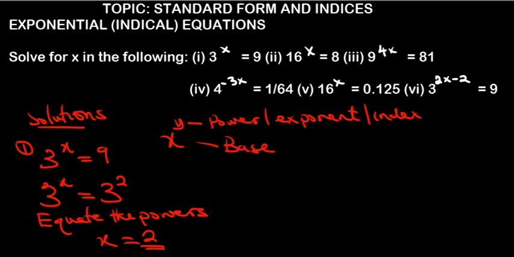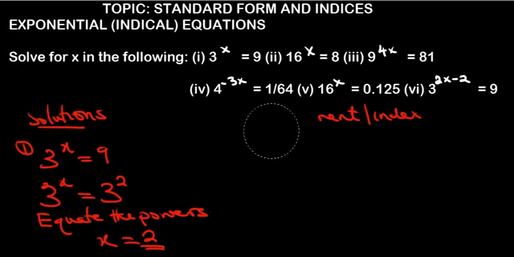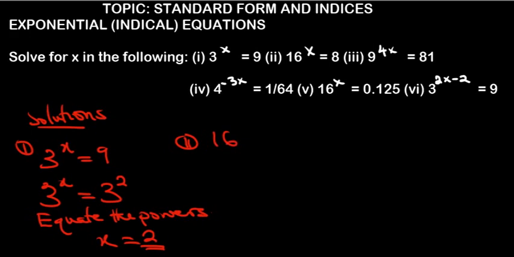So let's see quickly the second question, where we are going to look at the same concept. Number 2 says that 16 raised to power x equals 8. Also, 16 can be written as a power of 2 and 8 also can be written as a power of 2.